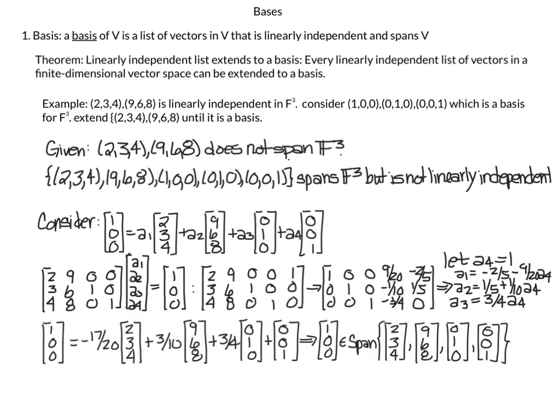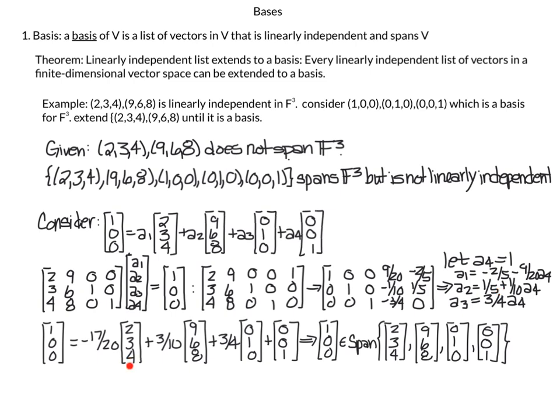I have 1, 0, 0 that I want to write as a linear combination of 2, 3, 4, 9, 6, 8, 0, 1, 0, and 0, 0, 1. I said that A4 is equal to 1. That's this coefficient here. I said that A3 is equal to 3 fourths A4. That's this coefficient here. I said that A2 is 1 fifth plus 1 tenth A4. So that's going to be 1 fifth plus 1 tenth, so I get 3 tenths for A2.